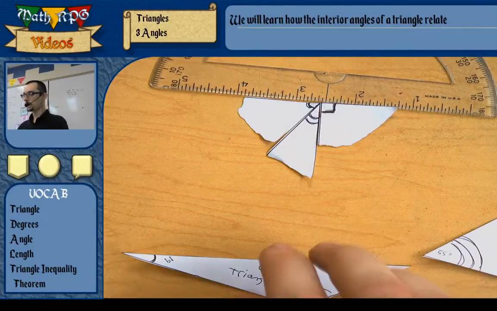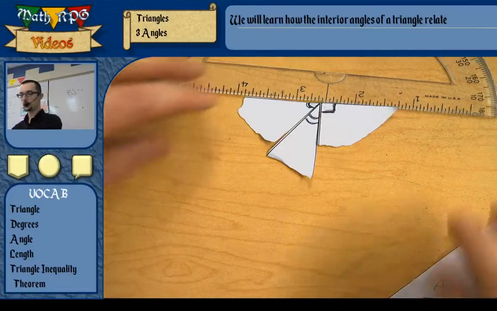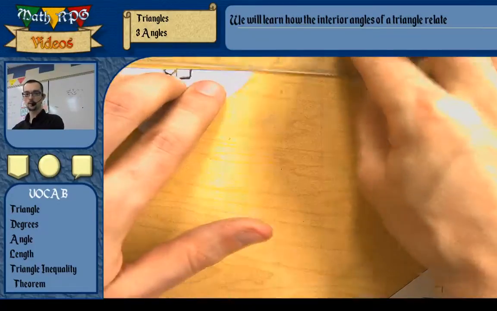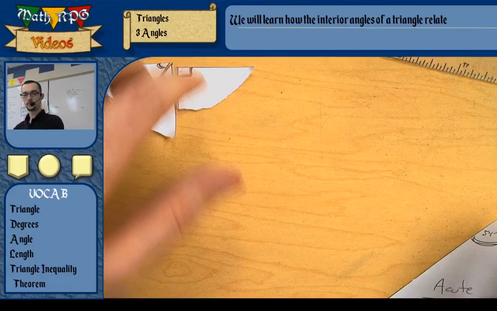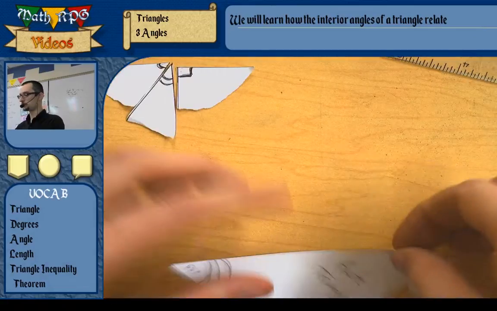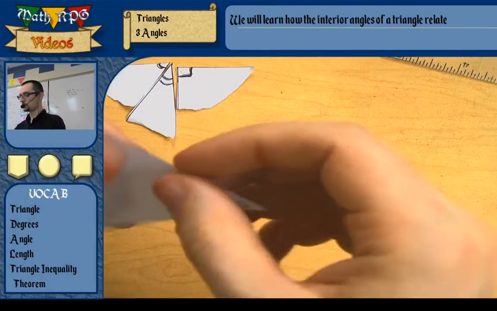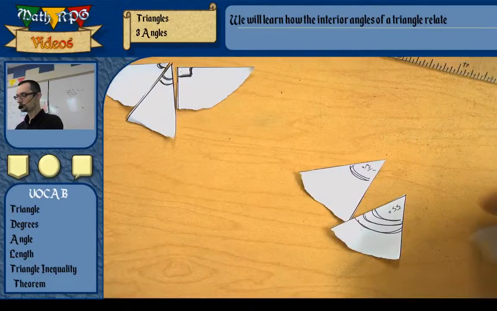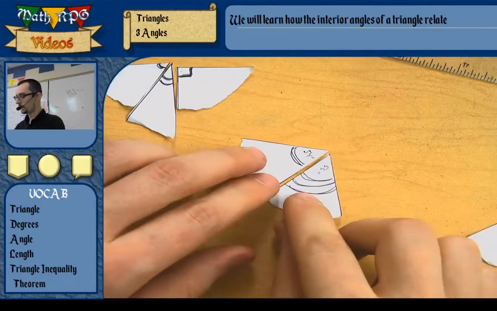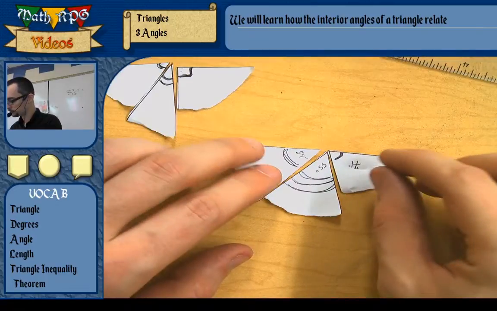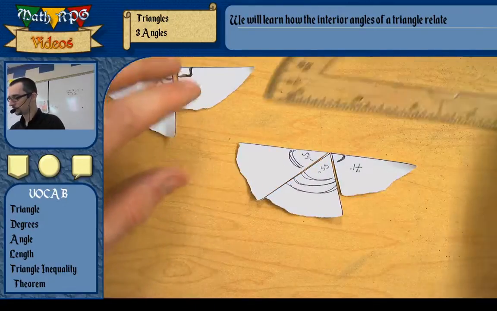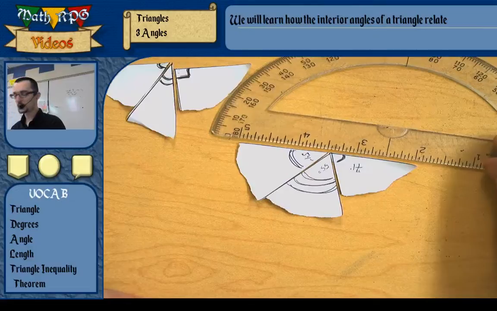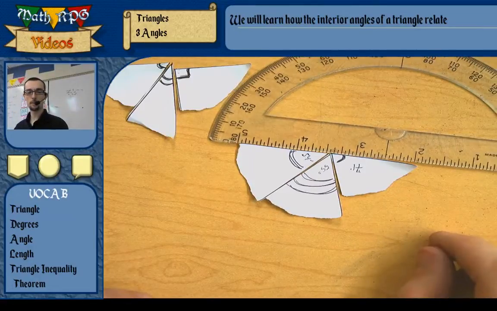It works for my 90-degree triangle, my right triangle. Let's try for my acute triangle now. I'm going to tear off this corner, and this corner, and this corner. You'll notice once again, they make exactly a straight line. You put them together. Interesting.